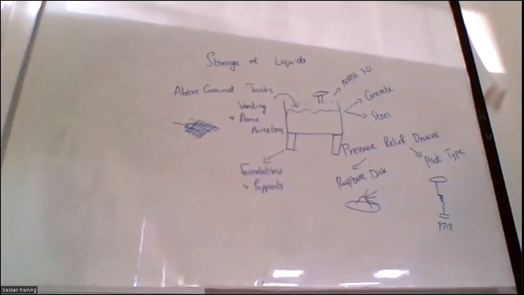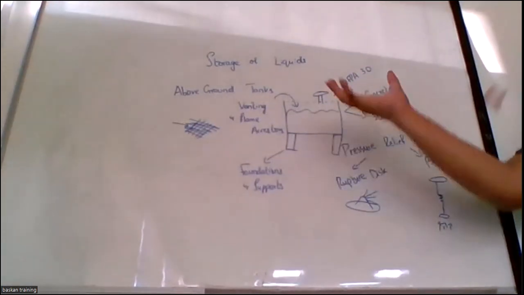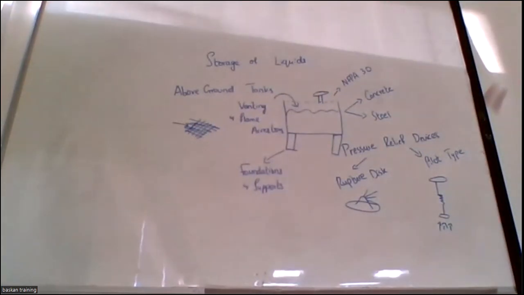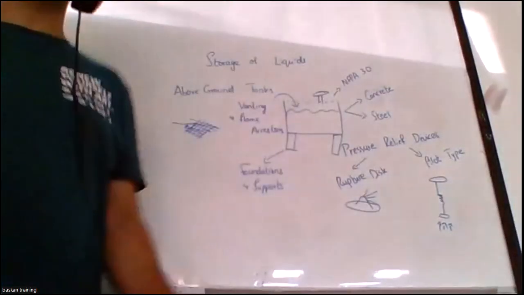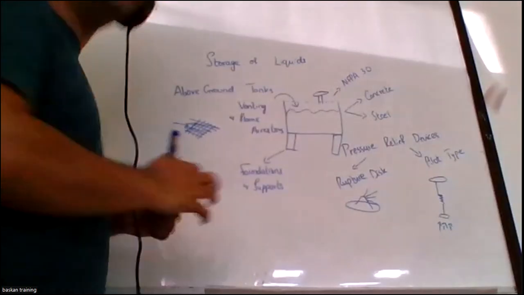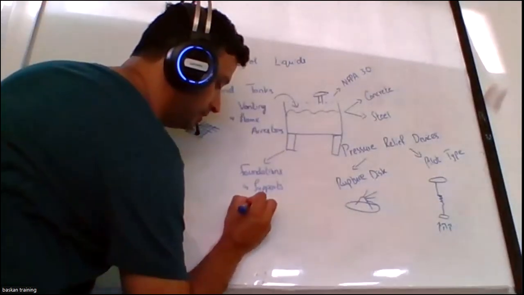This failure results in the tank collapsing. So for that purpose, NFPA recommends that all the foundations and supports should have a minimum of 2 hours of fire resistivity.